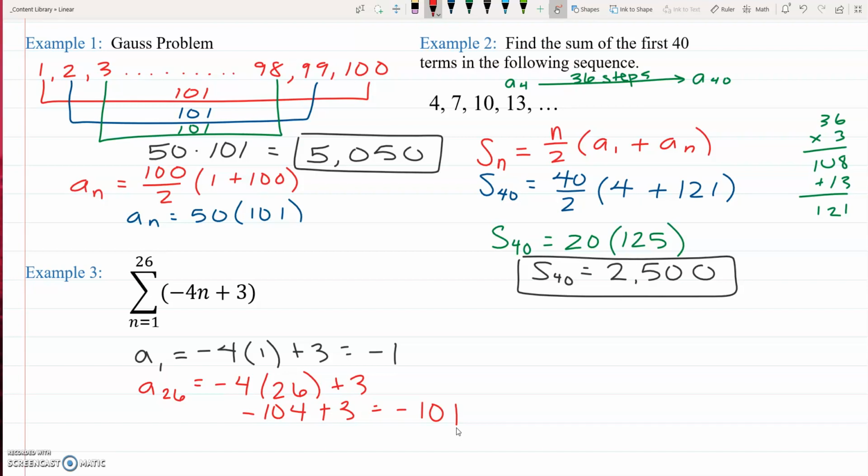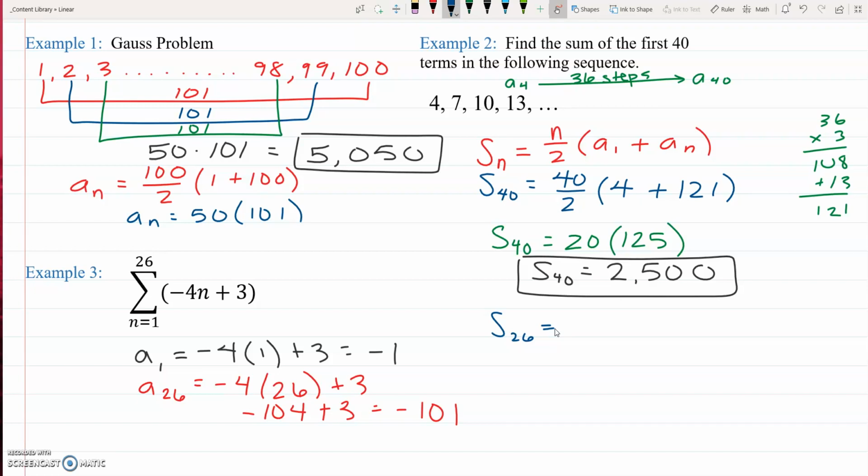All right, so now I think I have enough information to plug into my formula, so I'm going to come over here to the right, and I'm going to write my formula first. I'm going to use S. So S of, how many terms are there? 26, right? My sigma notation told me we're adding up all the numbers from the first term to the 26th term. So I'm going to do S sub 26 equals, and I can see the formula up above, so I'm just going to start plugging in.